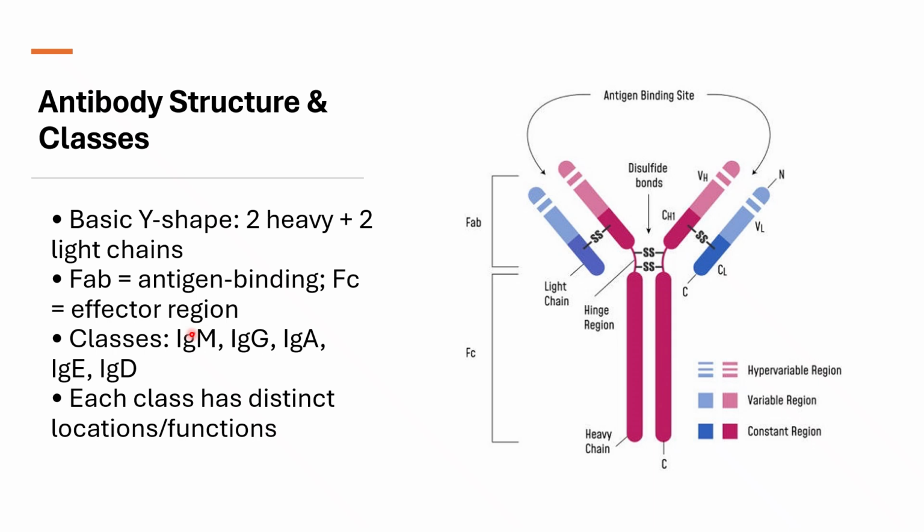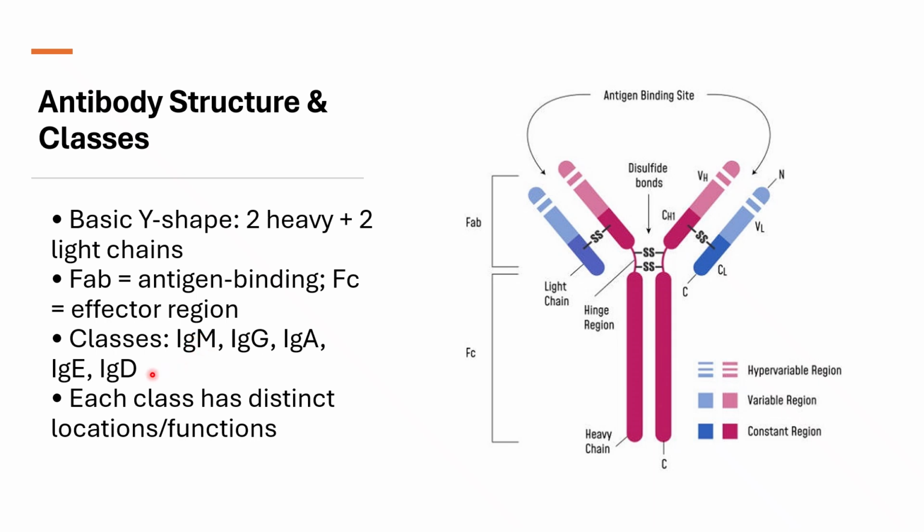Immunoglobulin A patrols the mucosal surfaces, saliva, tears, the gut, and it serves as the frontline guard against pathogens that try to enter. Immunoglobulin E is rare but powerful, driving responses to parasites and triggering classic mast cell-mediated allergic reactions.